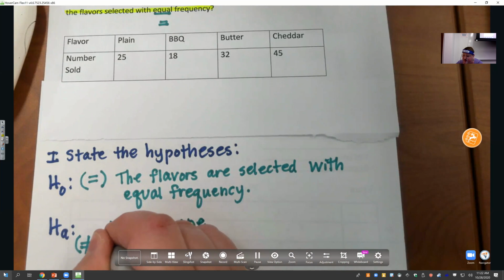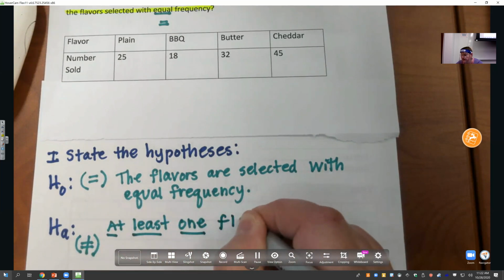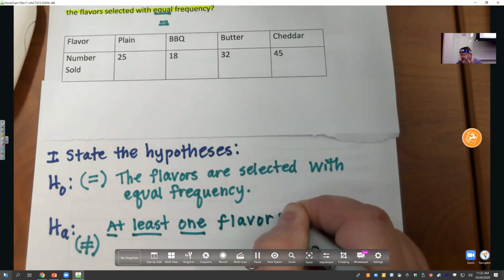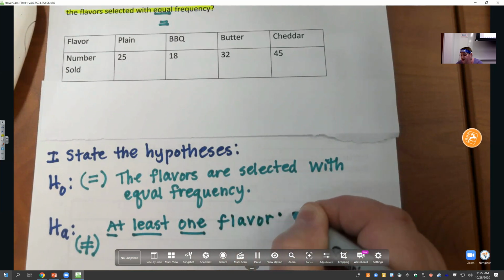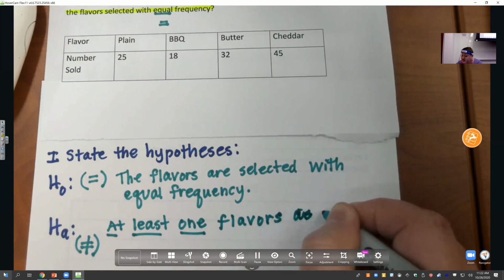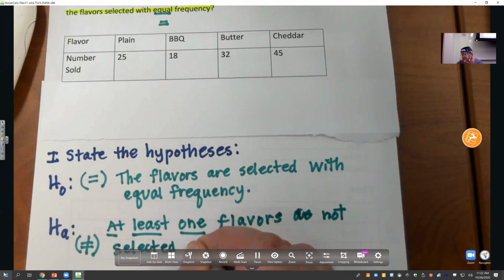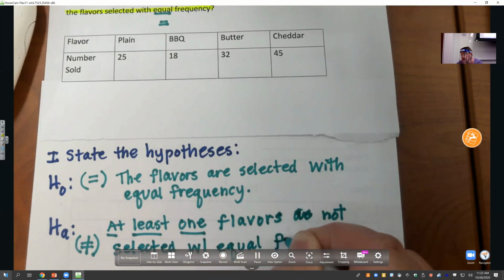You always use the phrase at least one flavor or flavors, at least one flavor is not selected with equal frequency.